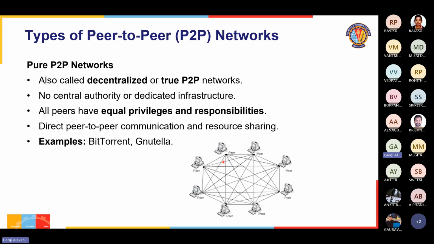P2P systems have advantages like decentralization and resource sharing, but they also come with challenges in terms of management, data consistency, even security, as well as the scalability challenges that you mentioned compared to the master slave architecture.